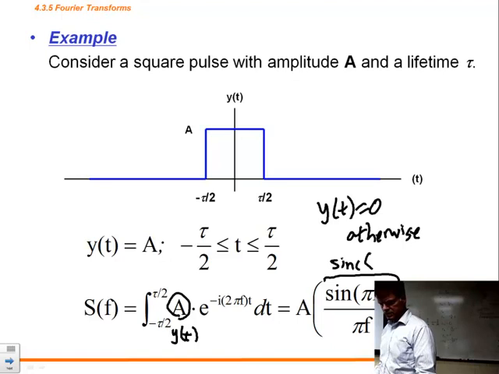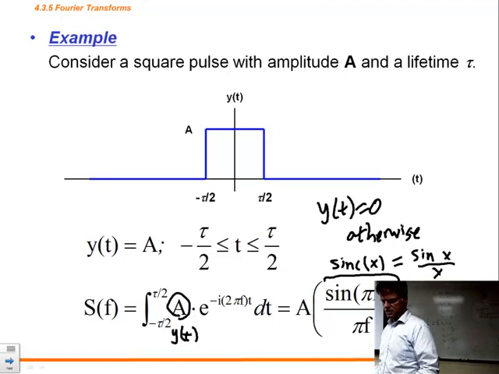So sinc of x is equal to sine of x divided by x, I think.